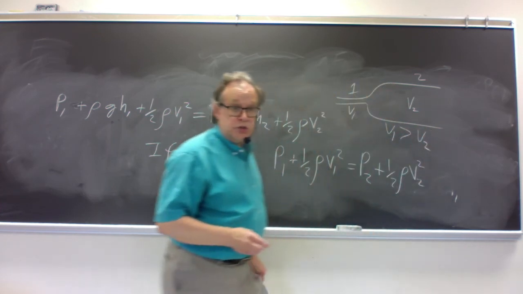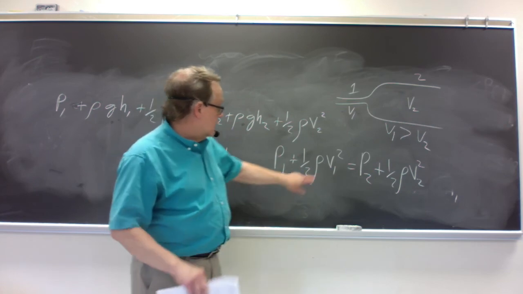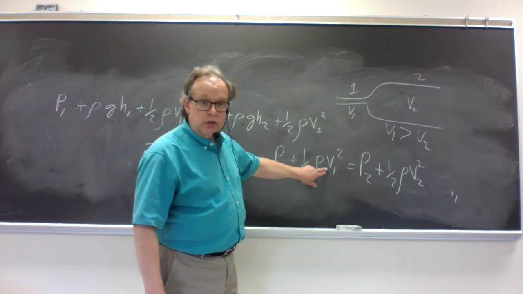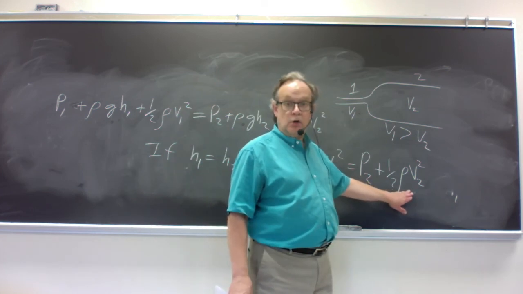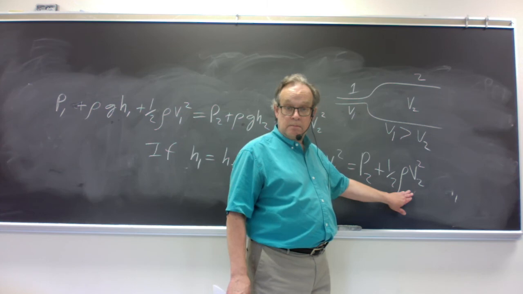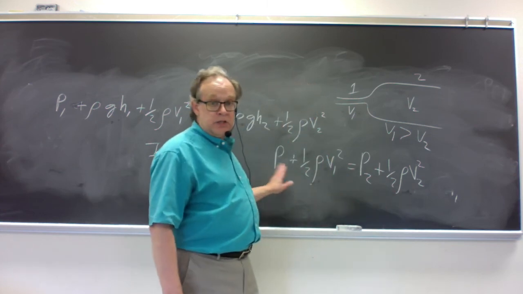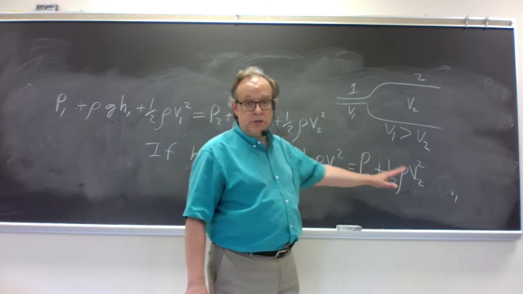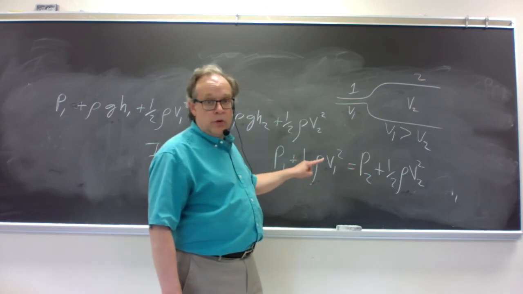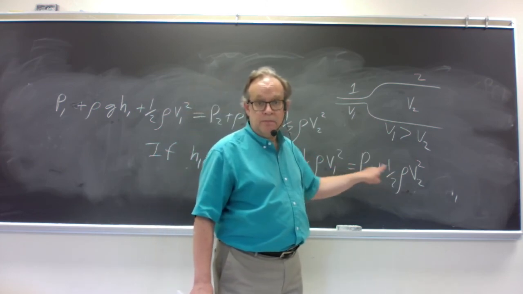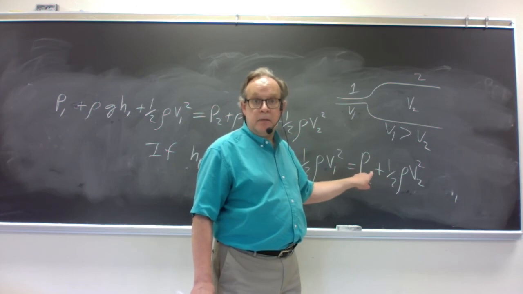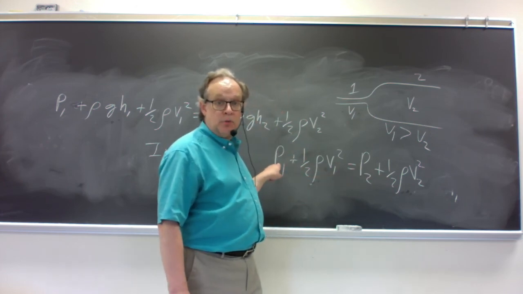Now look at Bernoulli's equation. V1 is bigger than V2, so this term here is bigger and this term here is smaller. In order to have this sum equal to this sum, where this number is big and this number is small, this has to be big and this has to be small.